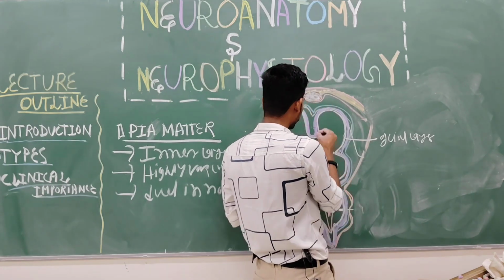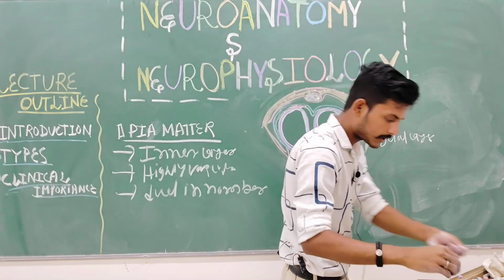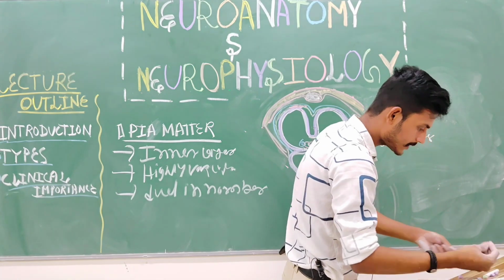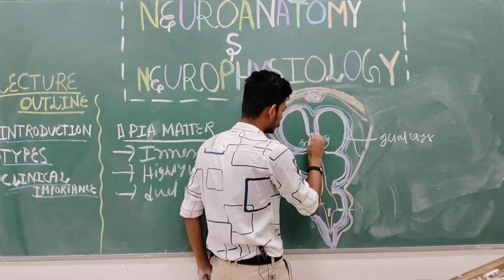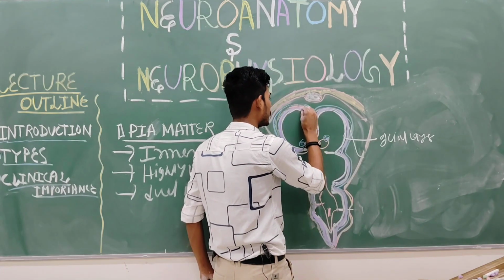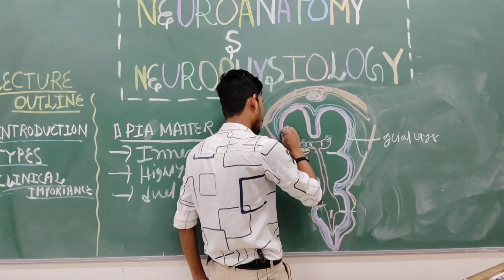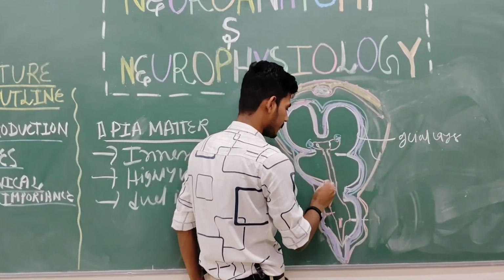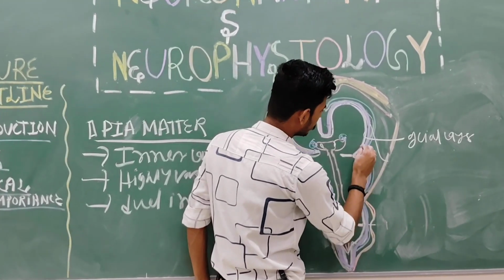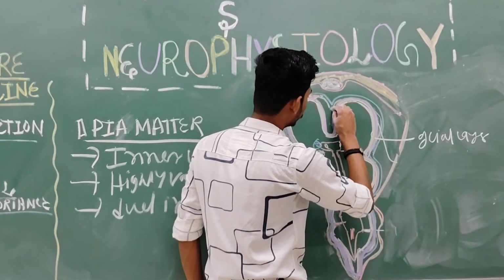So I should mark it in another color so you can recognize it. Yeah, this layer. Okay, this is your epipial layer of pia mater. Understanding? Are you following? Yeah, tell me.